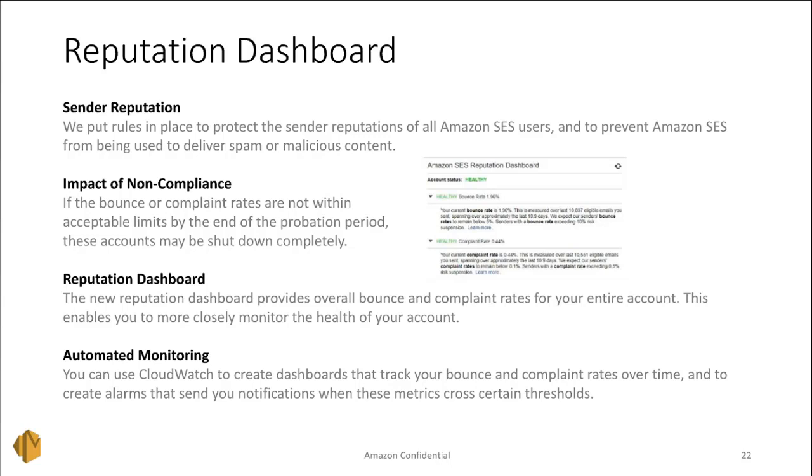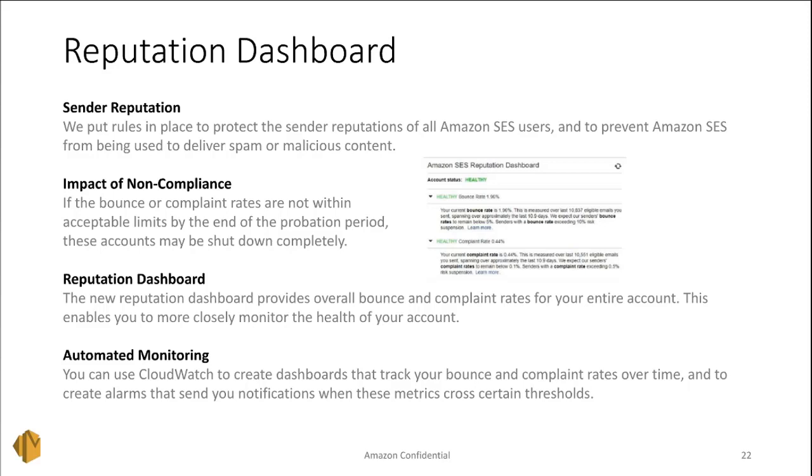So with CloudWatch, you can automate the monitoring. Every 15 minutes, we will emit your bounce rate and complaint rate to your CloudWatch account. And you can create alarms on CloudWatch to send you a notification if the metrics cross a certain threshold.